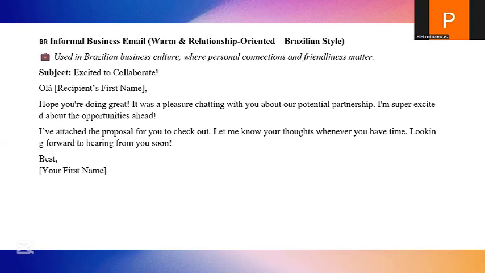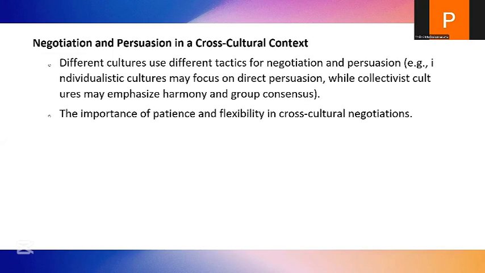Okay, so hopefully we are coming to the end of our session, where we will finally talk about negotiation and persuasion in a cross-cultural context. You have to understand that different cultures use different tactics for negotiation and persuasion, right?